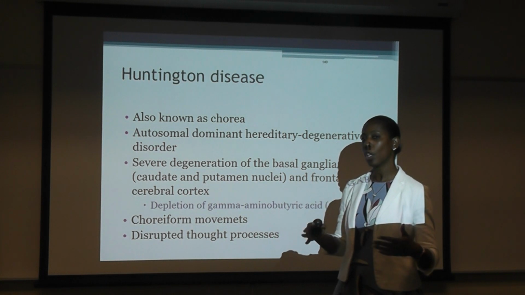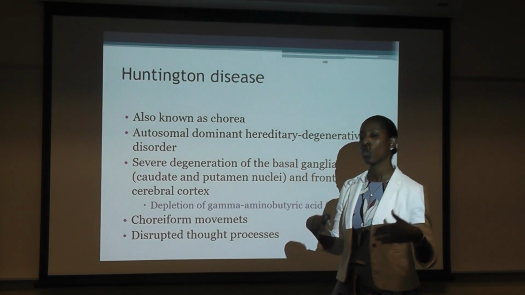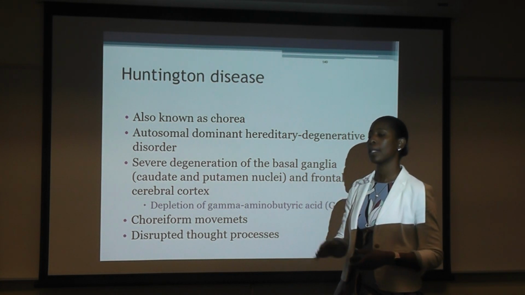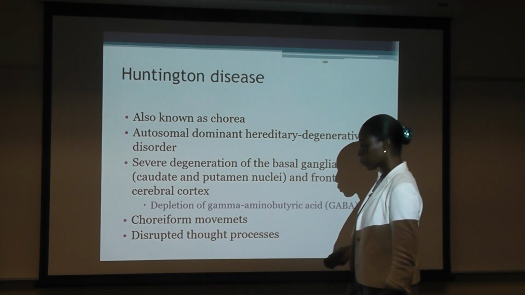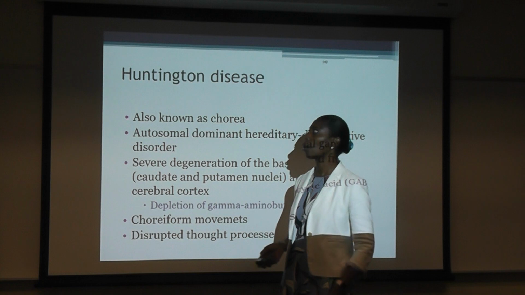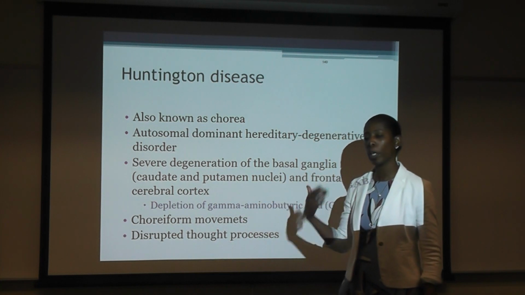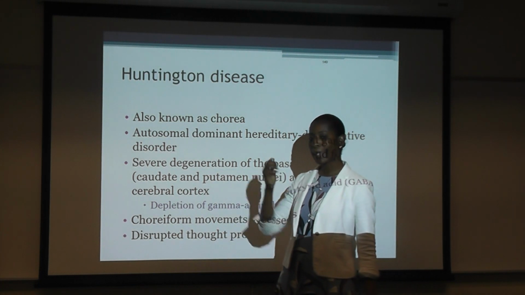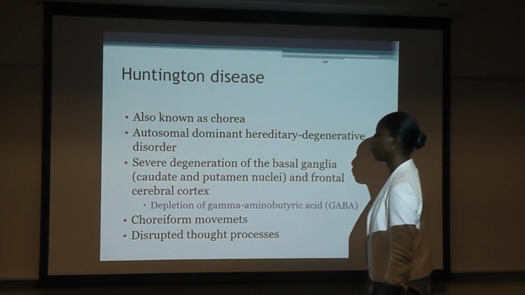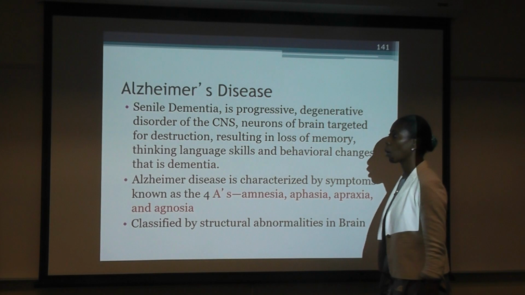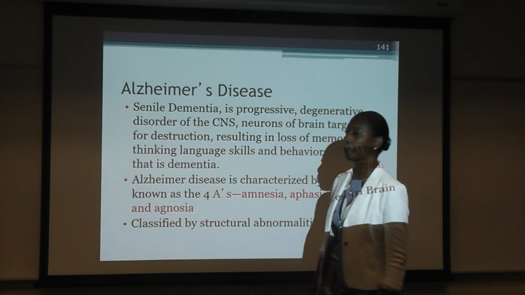Things that you give for seizures are GABA inducers, so they slow things down. We talked about that in pharmacology. Choreiform movements are what we have with Huntington's disease, dance-like rhythmic movements. Disrupted thought process is associated with it.